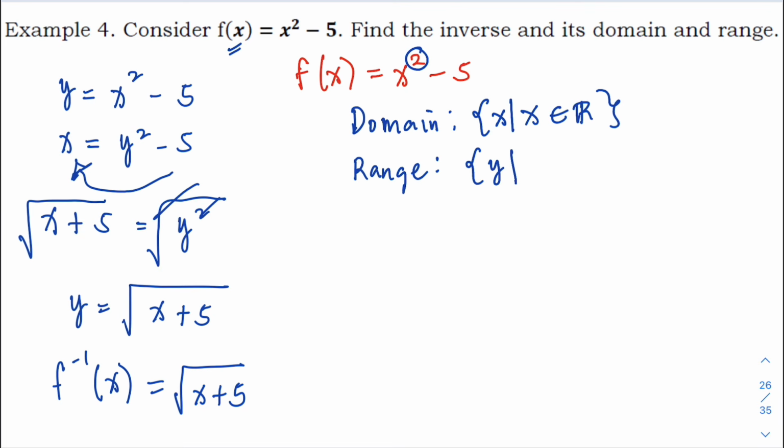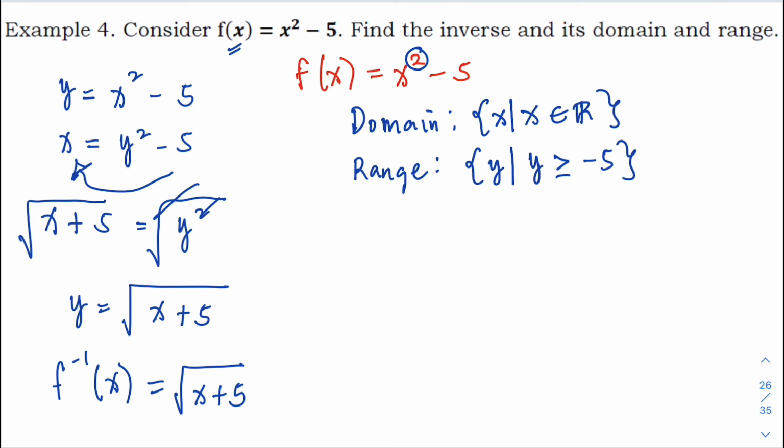Kung 0 yan, ibig sabihin, ang range natin magsi-start kay negative 5. Okay? Then, habang tumataas yung numbers natin or habang bumababa yung numbers natin, yung ating f of x ay tumataas na. Okay? So, ibig sabihin, ang range natin dito is the set of all y such that y is greater than or equal to negative 5. Tama? So, hindi tayo magkakaroon ng below negative 5 kahit anong ilagay nating x diyan.